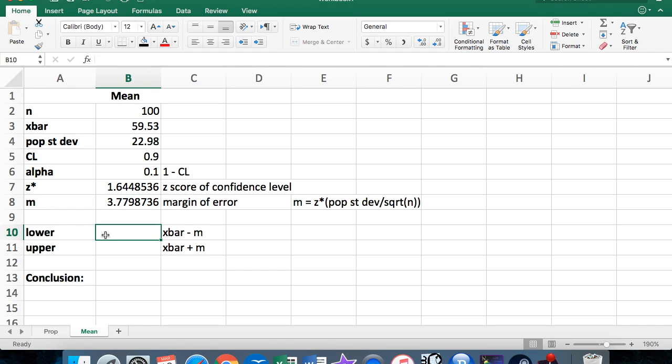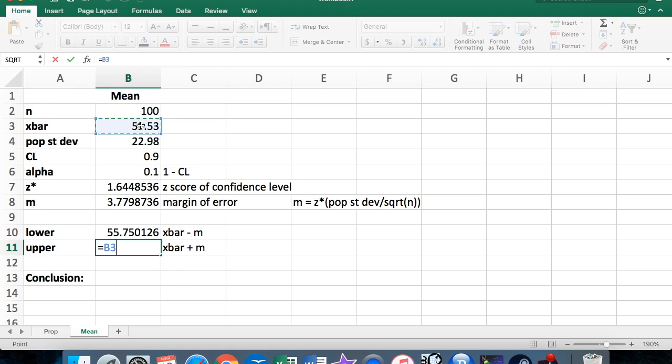So what we're doing is, for your lower bound, well, it's what happens when your x bar is smaller, right, than the middle part. So that's why we're subtracting our margin of error off. So click on your x bar, minus your margin of error. This is your lower bound. Okay, now let's get our upper bound. Click on your x bar, and then add your margin of error in.